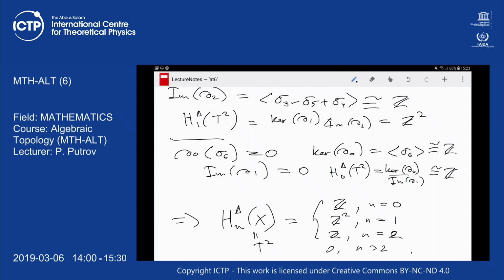But in the definition of the group we said that we will take the free abelian group generated by all the sigmas. So now if we consider other sigmas, we choose all sigmas for a fixed delta complex structure. From the definition of this simplicial homology group, it explicitly depends on the choice of delta complex structure.